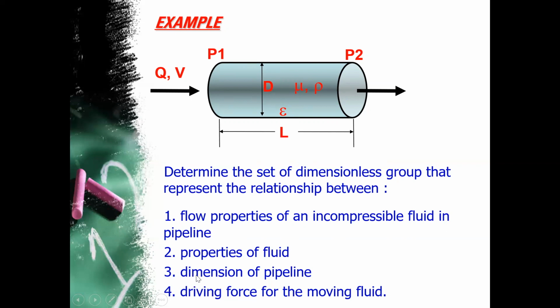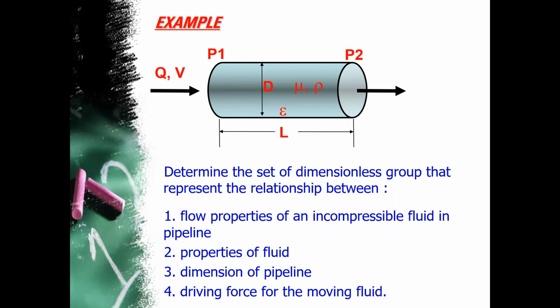Dimensions of the pipeline is very straightforward: length of pipe, diameter, surface roughness. Properties of the fluid are the viscosity and the density. And the flow properties will be these two. Imagine in a real world case you have to identify all of these parameters by yourself. But don't worry, for our case usually all of the things are given, and we just need to come up with the dimensionless groups.